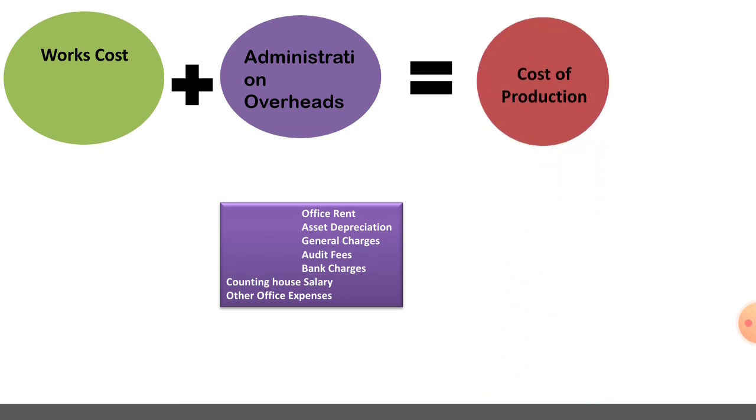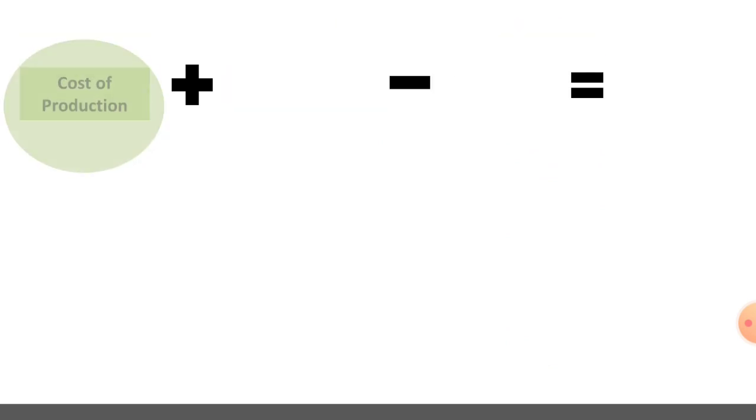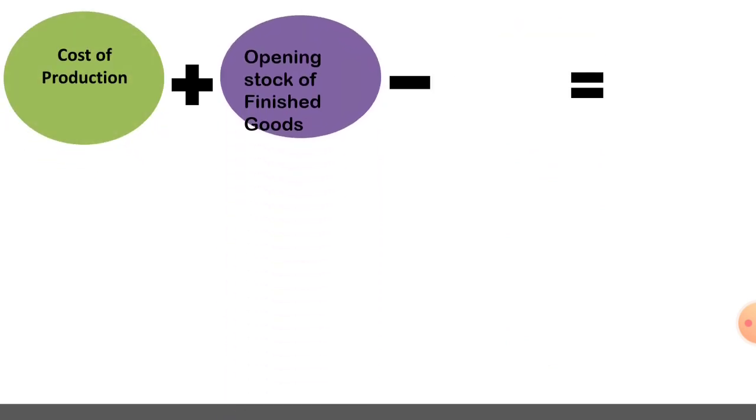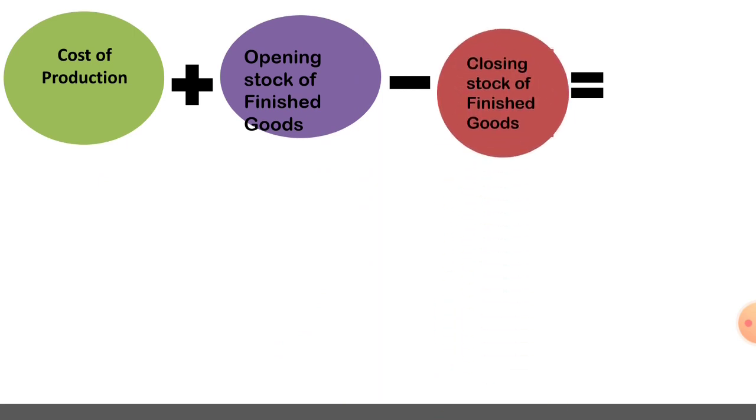In the cost of production, we add the opening stock of finished goods and we minus the closing stock of finished goods. Now why is this being added and minused at this level? The reason is in the primary stage we have purchased the material in the prime cost. Then in the factory we have processed the material.